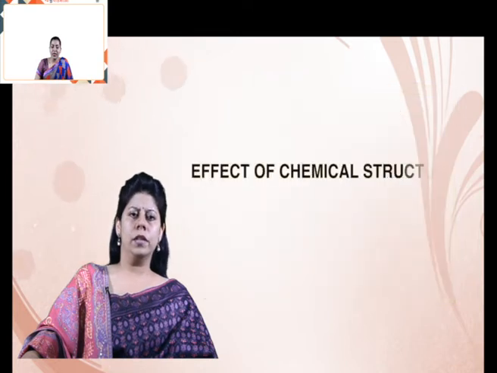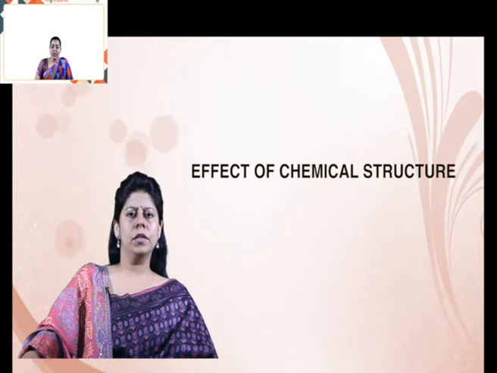Now we will see the effect of chemical structure on the CMC values. The effect of chemical structure on CMC values for some selected surfactants is given in table 1.